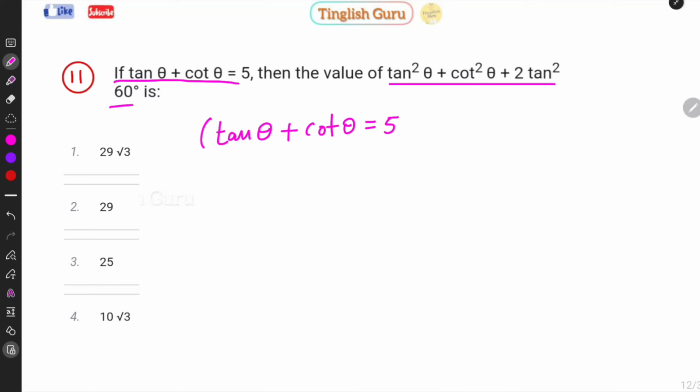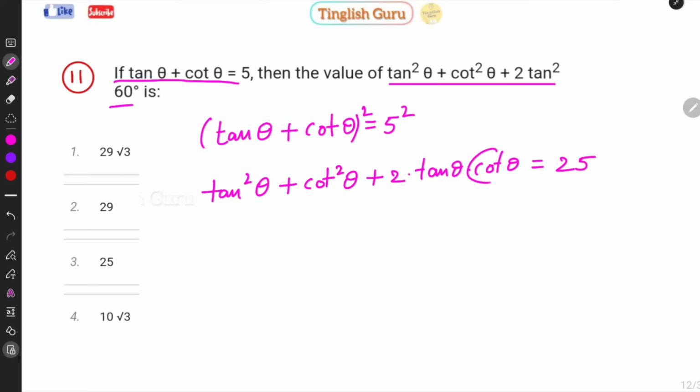So squaring on both sides, we will get tan square theta plus cot square theta plus 2 into tan theta into cot theta, that is equal to 25. We know that cot theta is nothing but 1 by tan theta.